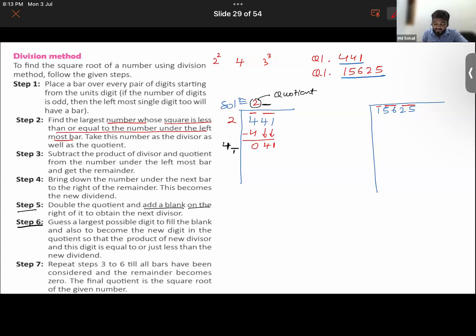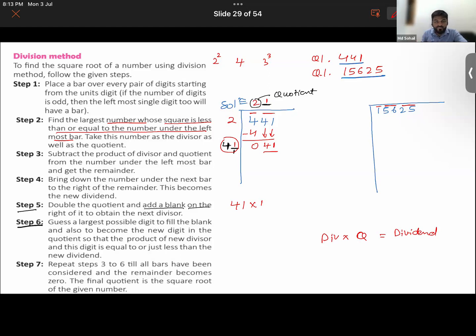If we were to place 1 here and 1 here as well, and then you multiply 41 multiplied by 1, this is your divisor, no? Divisor multiplied by quotient gives you dividend, remember? So this is your dividend now.